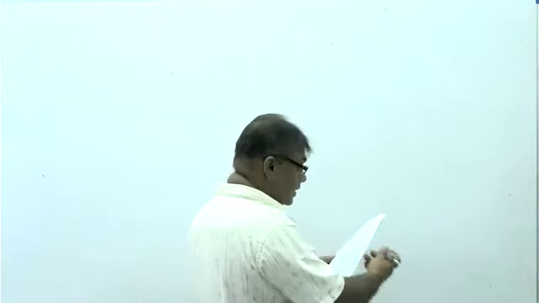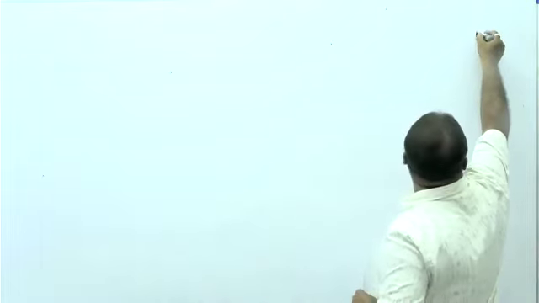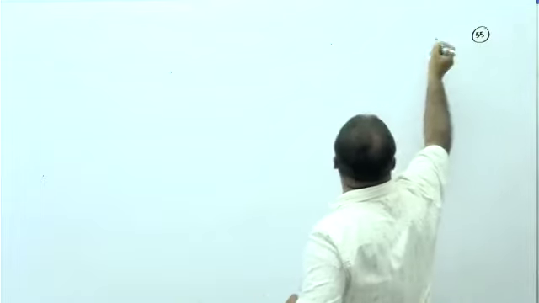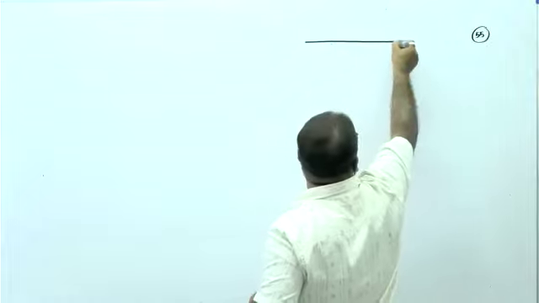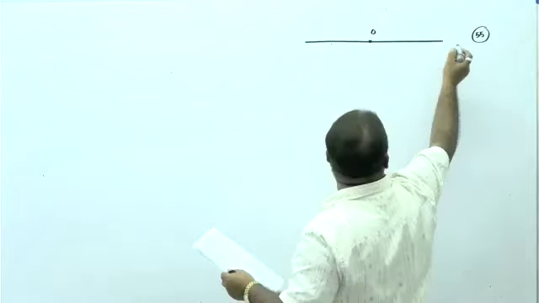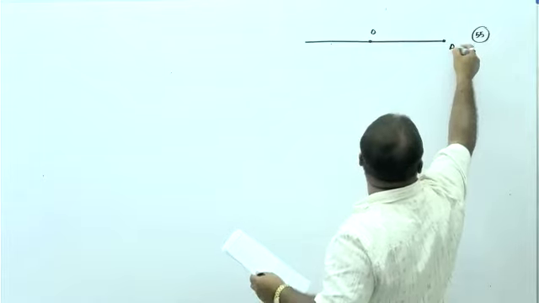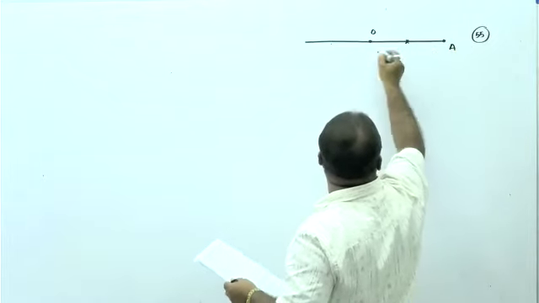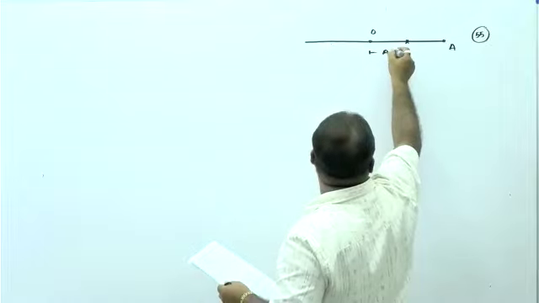Number 55. Can we draw a simple harmonic motion to get an idea about the question? Here is the center of oscillation. This is the amplitude A. Half of the amplitude is A by 2.